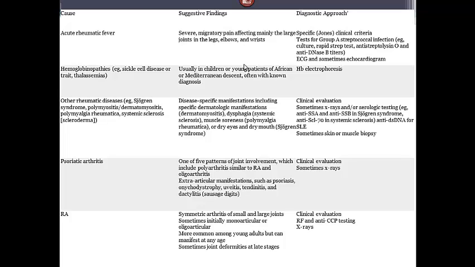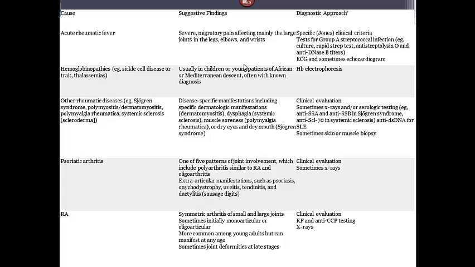Let's talk about, even though not common in practice, but you could see a few cases, hemoglobinopathy such as sickle cell disease, they produce a lot of pain in the joints. So basically, patients have a severe type of pain when they have a sickling crisis. Remember that this is African Americans or patients that are of Mediterranean descent.